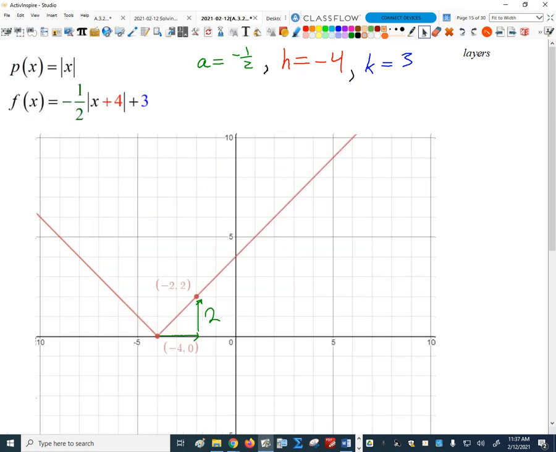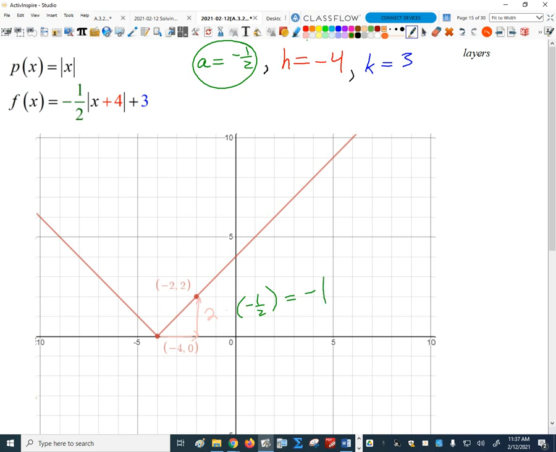Hang on, I'm going to tweak this a little bit. Normally we go right 2 and up 2. But we're going to multiply that by a, which is negative 1/2. 2 times negative 1/2.